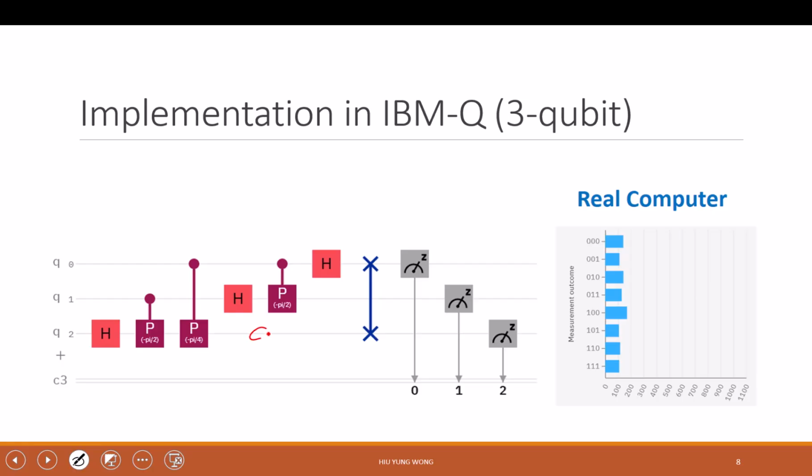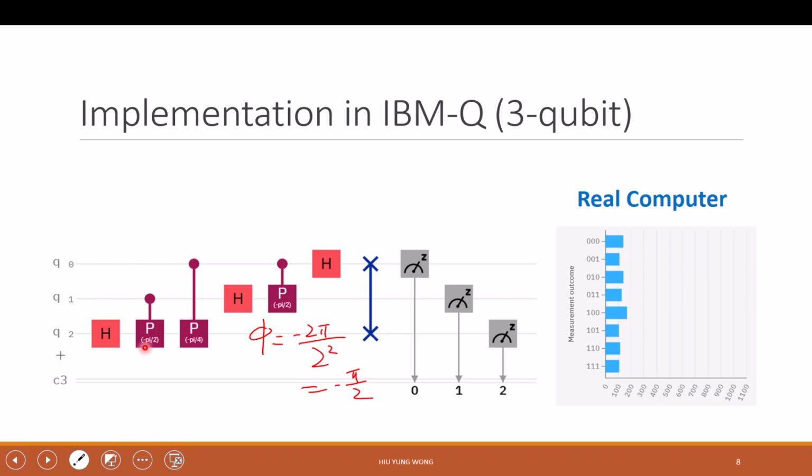You need phi equals negative 2 pi divided by 2 to the power 2, which is equal to negative 2 pi over 4, negative pi divided by 2. And that is exactly this. Control phase shift negative pi divided by 2. I don't know if you can see the text. Negative pi divided by 2. Okay?